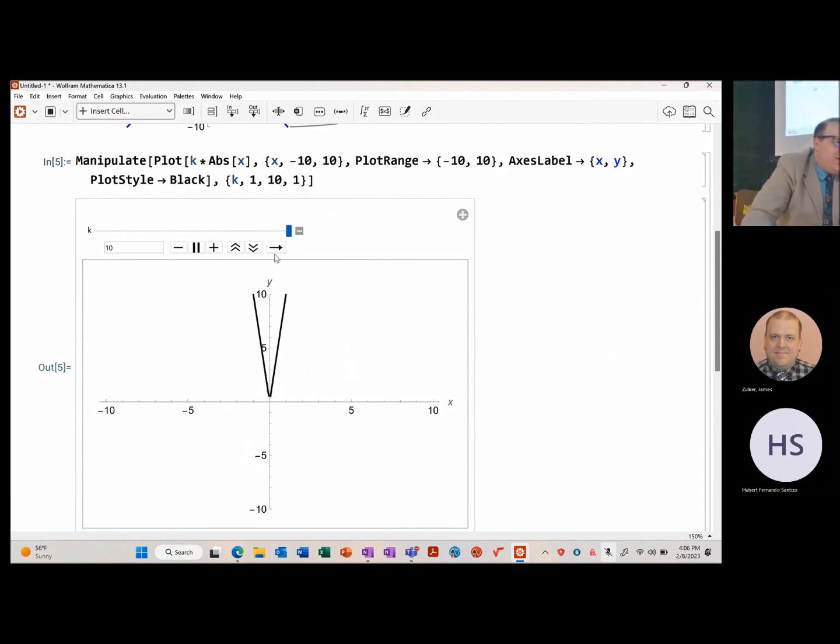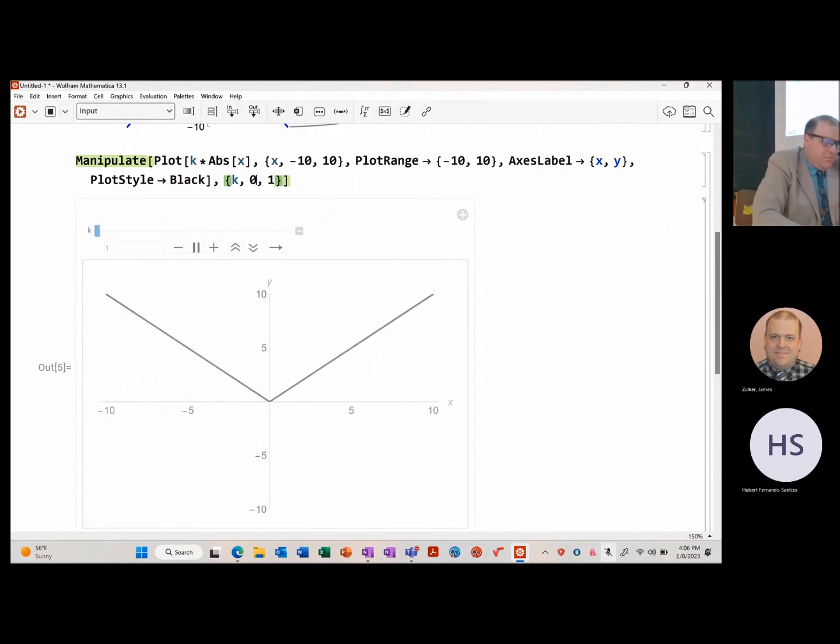Versus if we do a compression, 0.1, and change it by 0.1 each time.